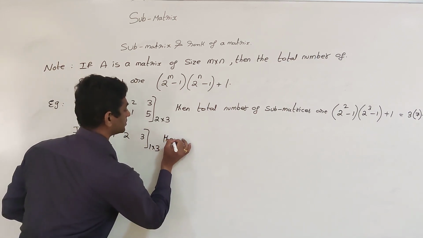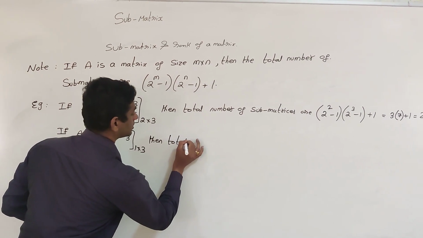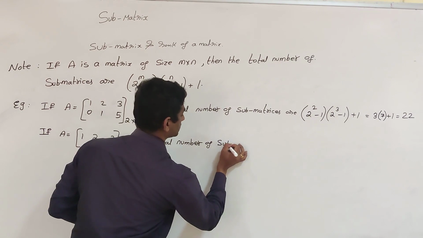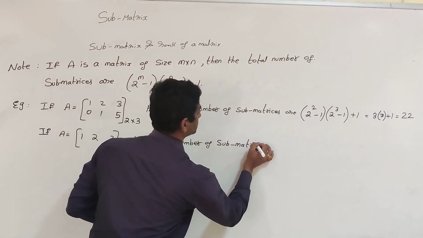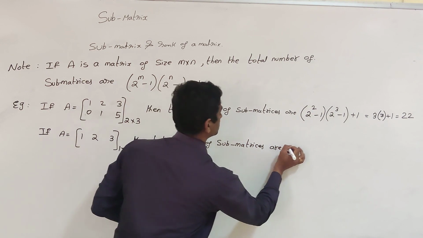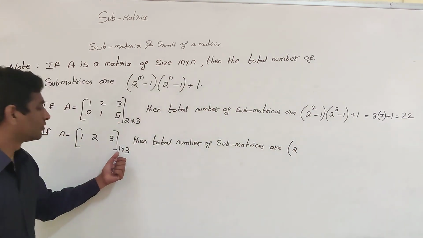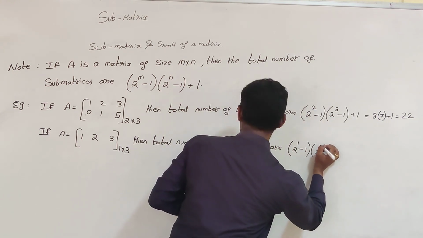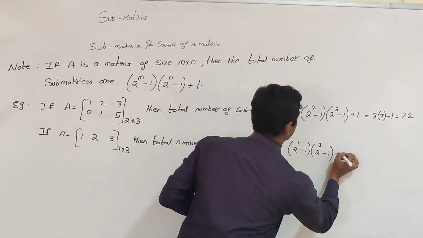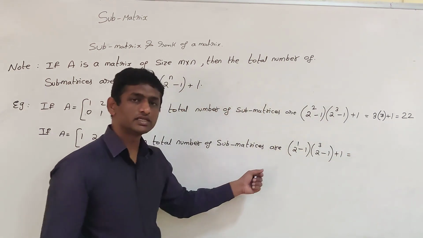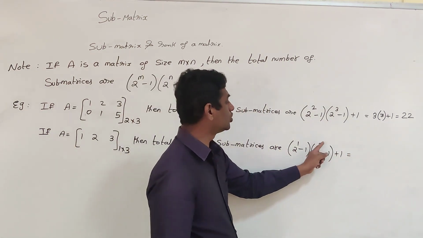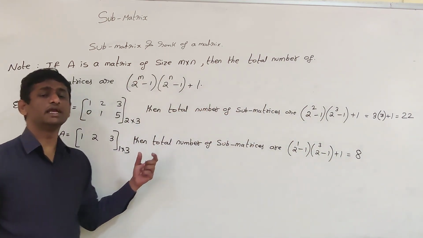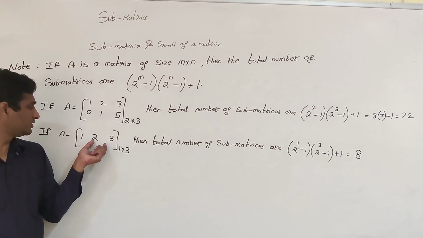Then total number of submatrices are 2 to the power of 1 minus 1 into 2 to the power of 3 minus 1 plus 1. So what will be? 2 minus 1 will be 1. 1 into 2 cube minus 1, 7. 7 plus 1, 8. So there will be 8 submatrices of this matrix A.